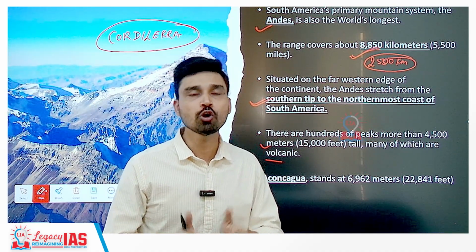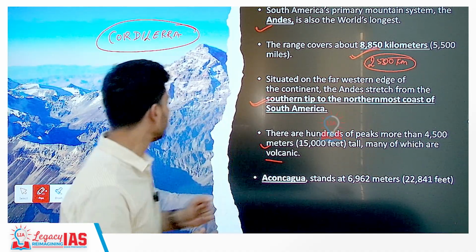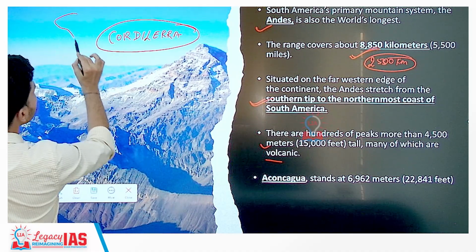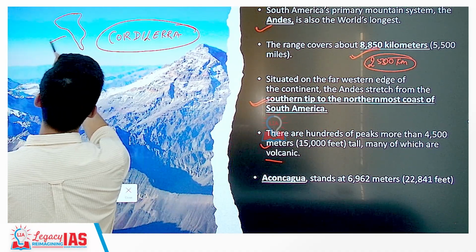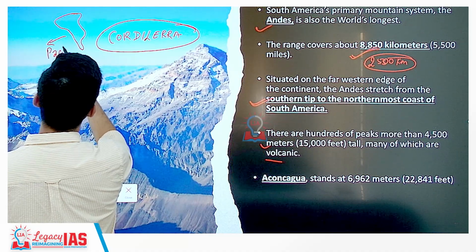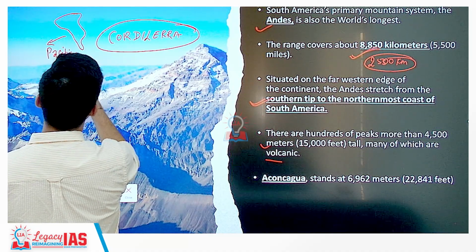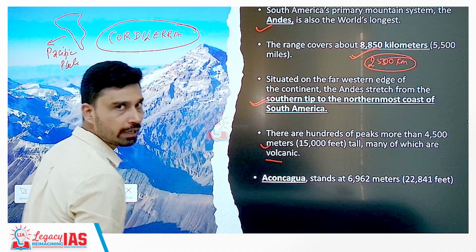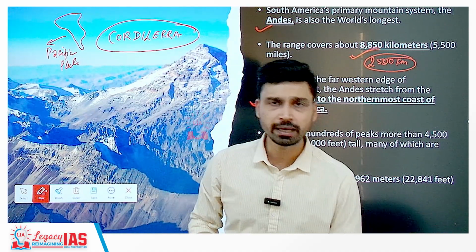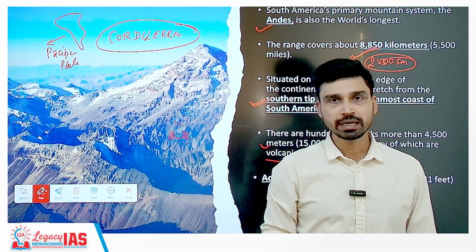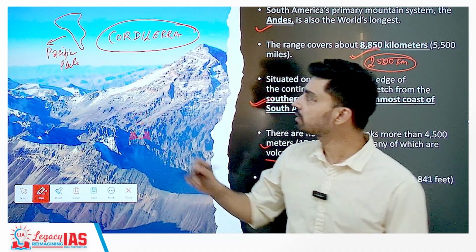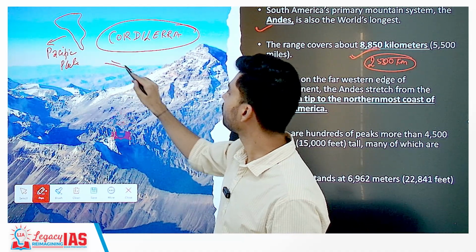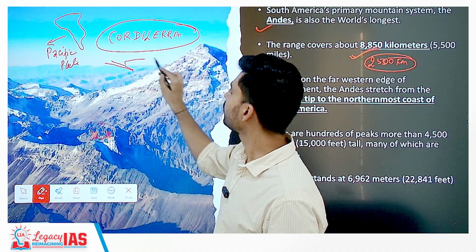If you look at the geology of the Andes, this is South America, a continental plate, and to the west of this continental plate you have a vast oceanic plate called the Pacific plate. Whenever an oceanic plate collides with a continental plate, being denser, it starts to subduct below the continental plate. As it subducts, the temperature increases, and thus magma forms.